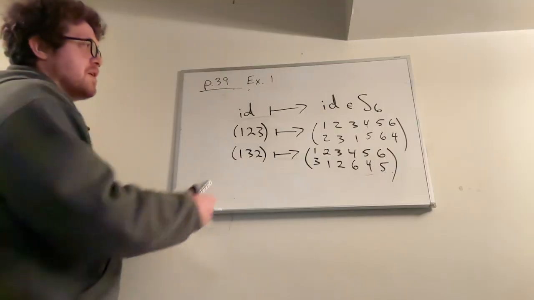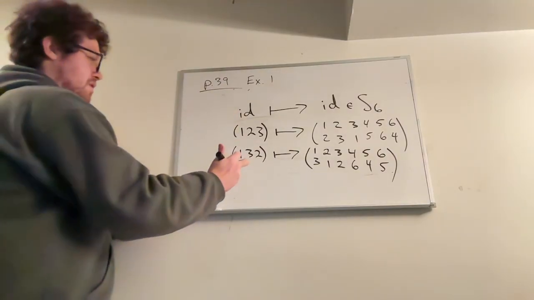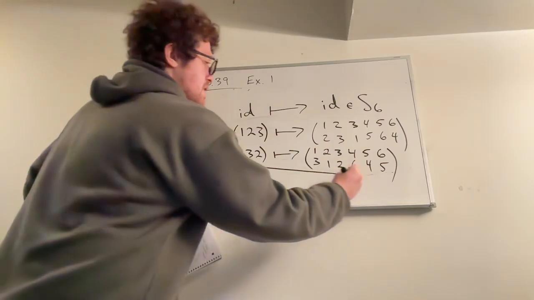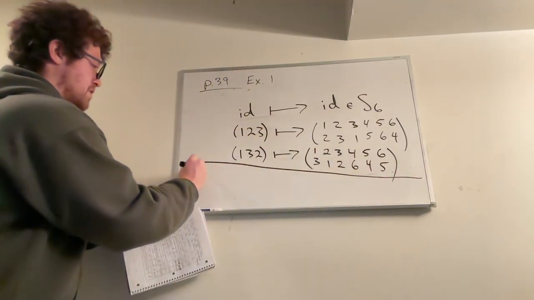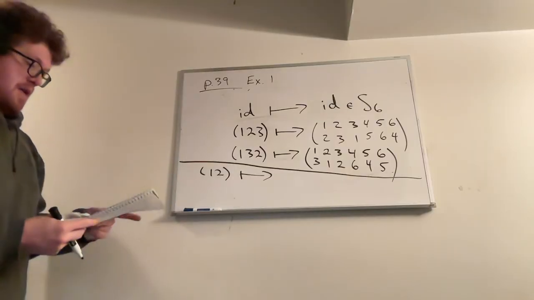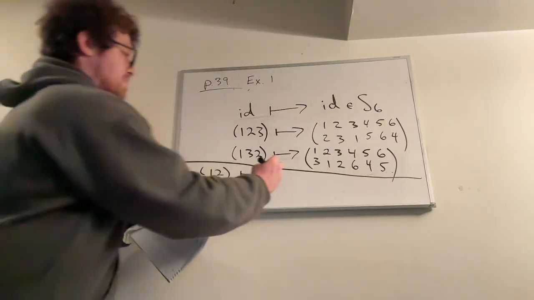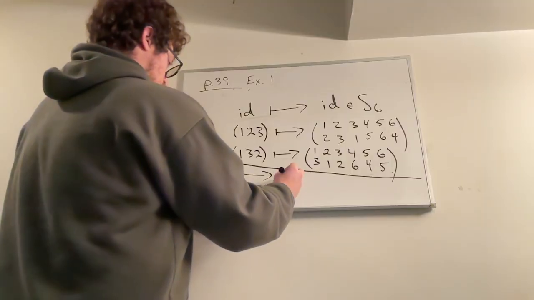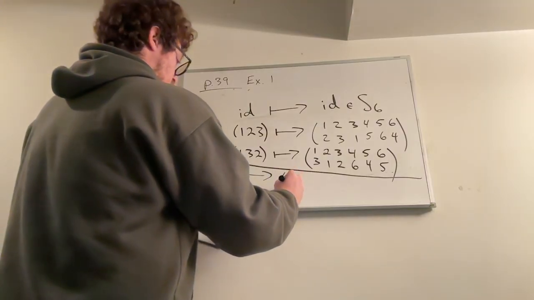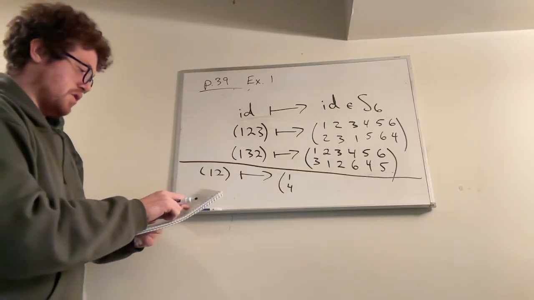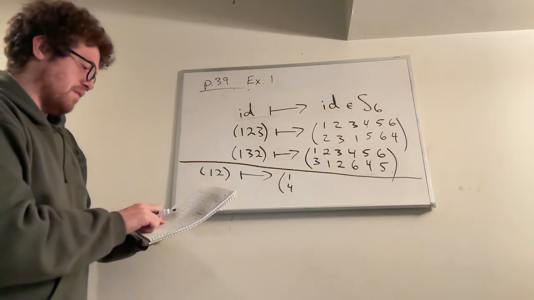And then continuing, so these are the first 3 elements. I'll try to fit this in here, so try to make 2 rows here. So now we have the (1 2) transposition, and this maps to 4, since the identity goes to (1 2) by left multiplication.